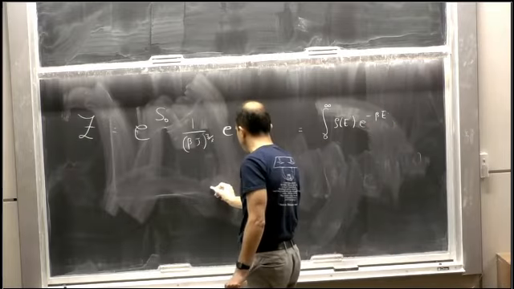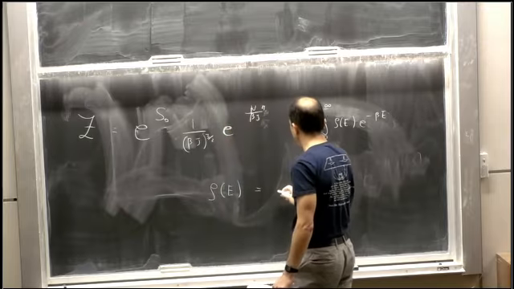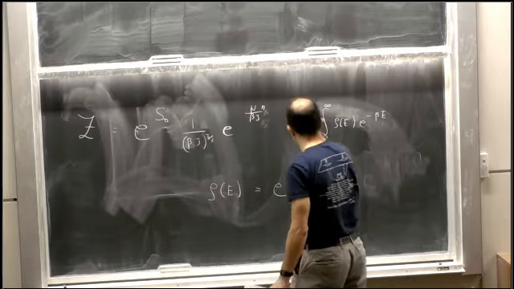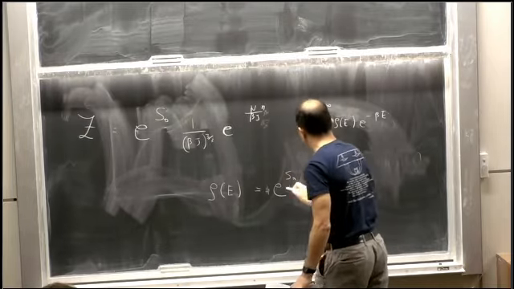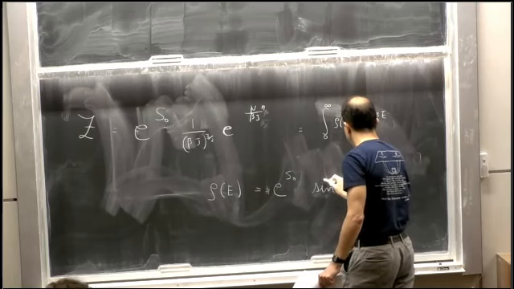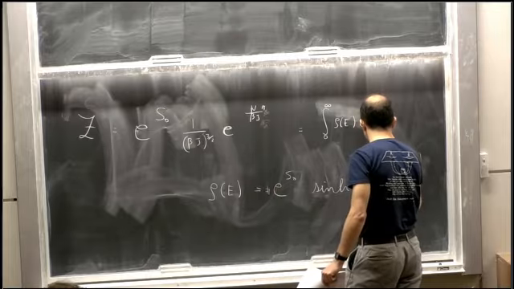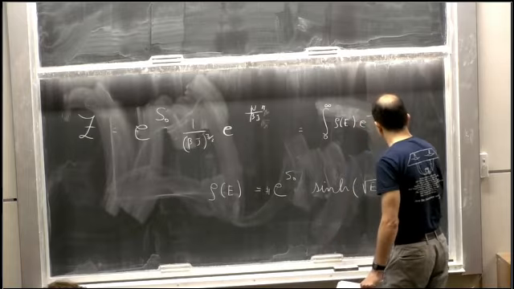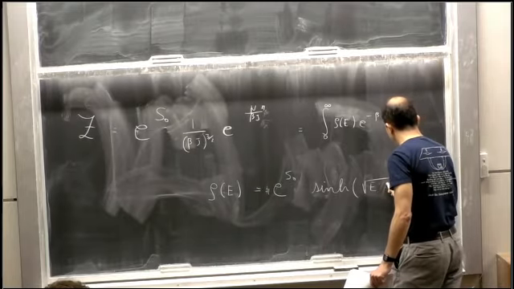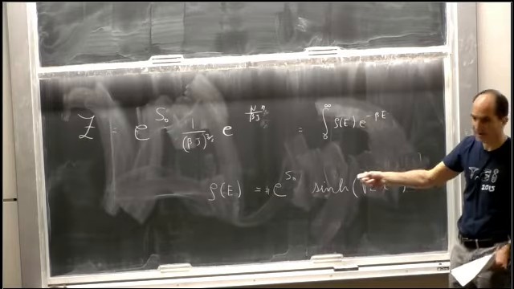After you do this, you find that rho(E) is equal to some constants, which include the factor of e to the S_0, then some other numbers, and sinh of the square root of E, times again some constants. There will be factors of J and n and so on. I leave to you to compute the constants, which of course depend on the constants that appear in this exponential.